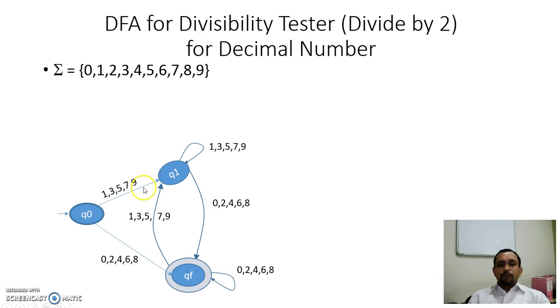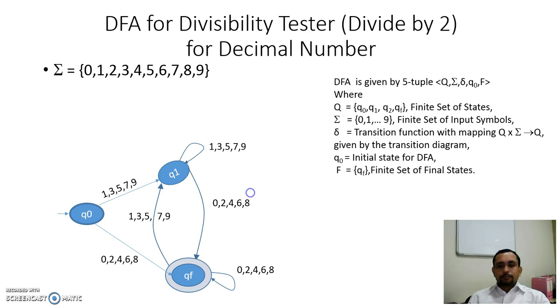Whenever the remainder is 1, we are at Q1, and at the beginning we are at Q0. So this is how the DFA for the divide by 2 divisibility tester can be constructed. The DFA is shown here. Here we have Q0, Q1 and QF as the 3 states, because Q2 needs to be removed.